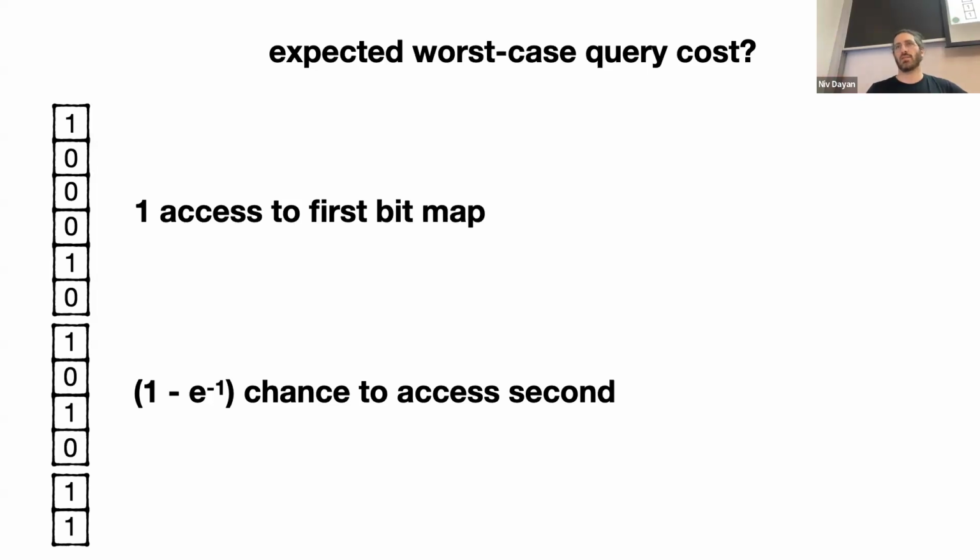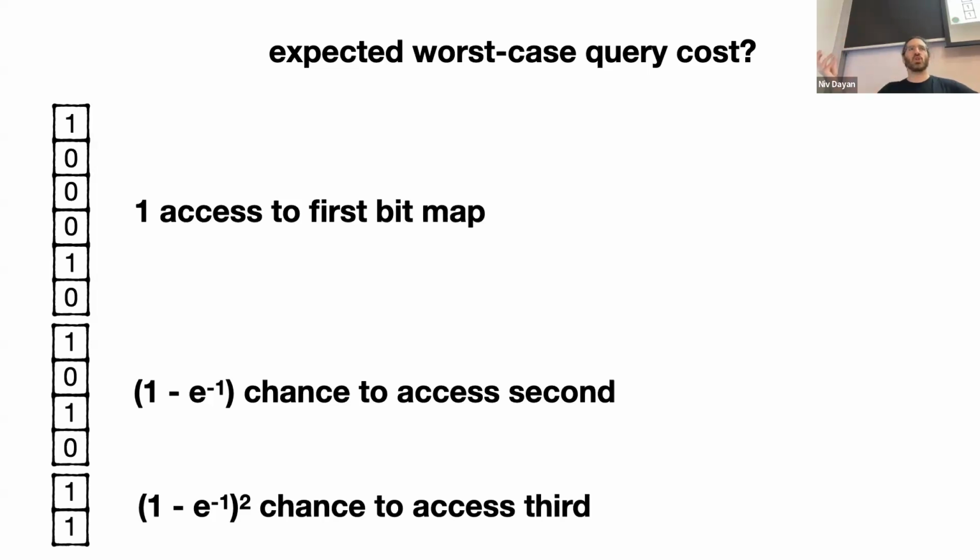It becomes exponentially less and less likely that you visit subsequent bitmaps. And each access contributes 1. It's an extra hash function that you have to compute to get the total cost.